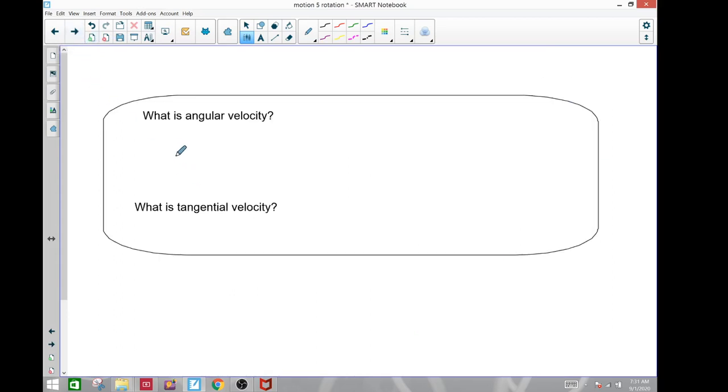Now, what is angular velocity? That just sounds complicated, right? Let's think about velocity in the linear sense. It is the change in distance divided by the change in time.